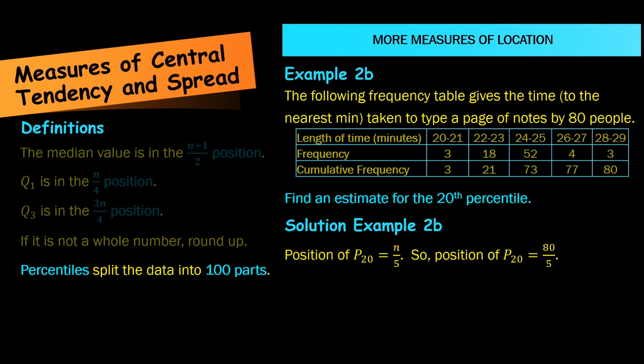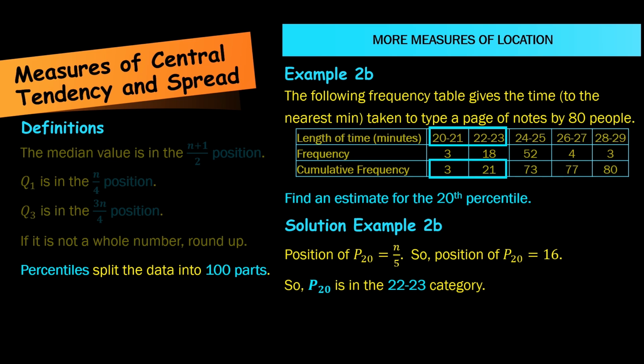And therefore, plugging in n equals 80 gives us the position of P20 is 80 over 5, which is equal to 16. So P20 is in the 22 to 23 category, as shown here. So of course the 16th value is going to lie in the 22 to 23 category.